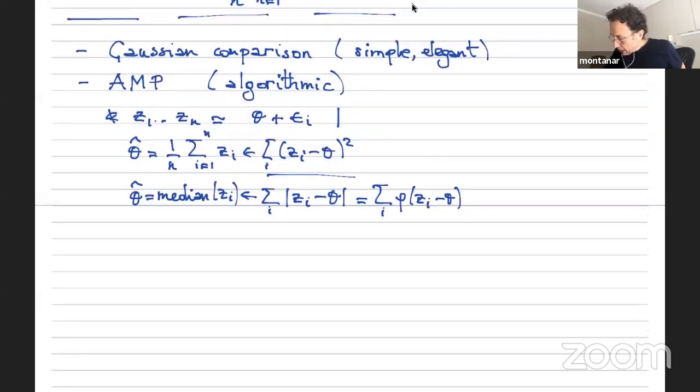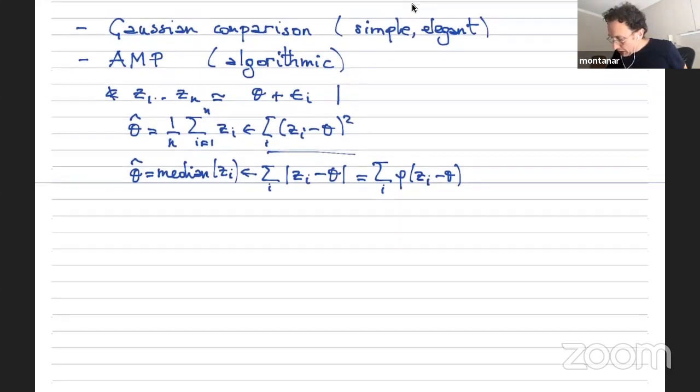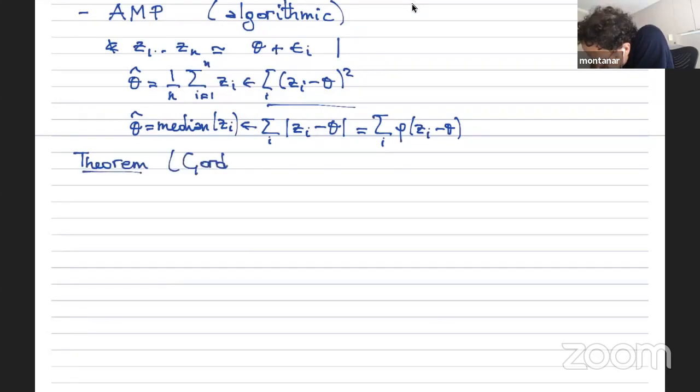So today I'll try to describe this approach based on Gaussian comparison, and the basic theorem is the following inequality. This is known as Gordon's inequality, and it says the following: you have two finite Gaussian processes.